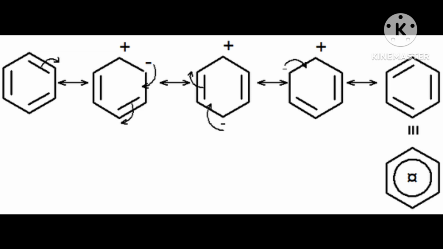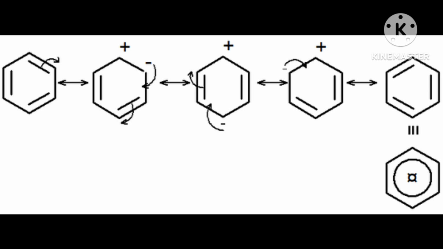The first condition is polarity, meaning it can produce charge, positive or negative charge. Polarity is the first condition or characteristic.